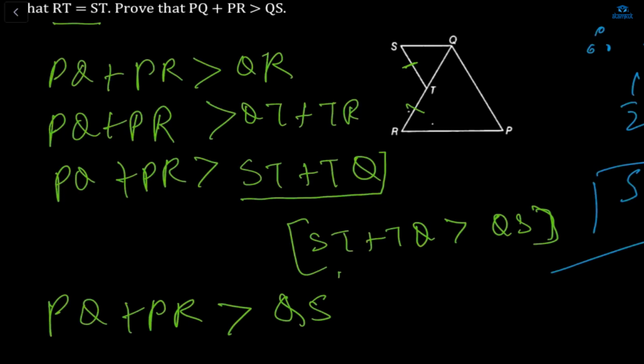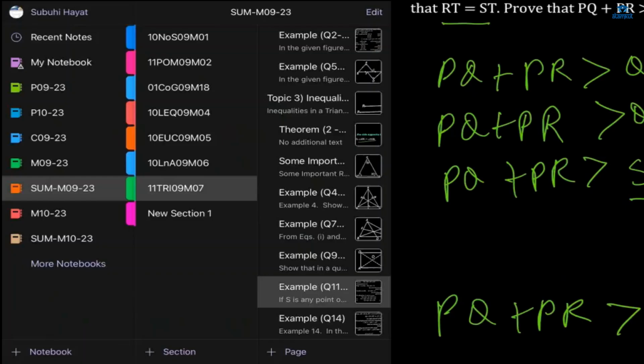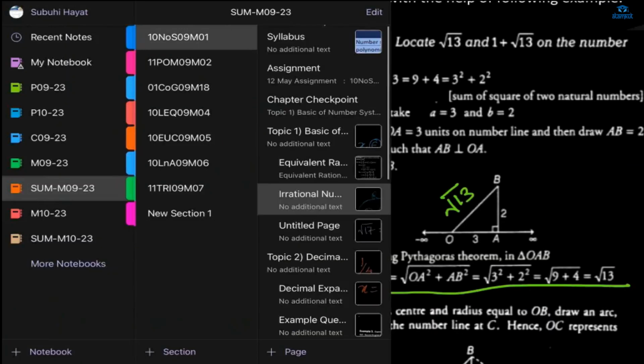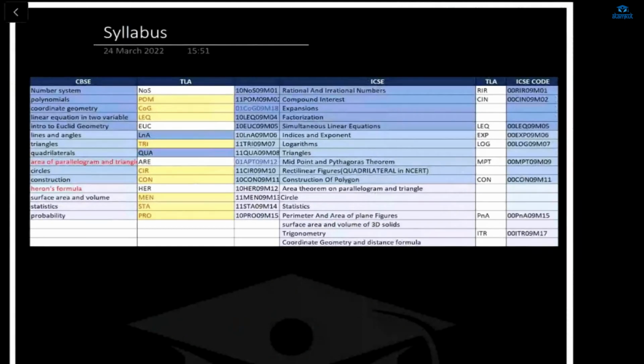Shazan, what are the different chapters that are completed in your school? The same chapters that we have completed, or more than that? Ma'am, we have completed more. So number system, I think it's completed in your school. Polynomial is not started.